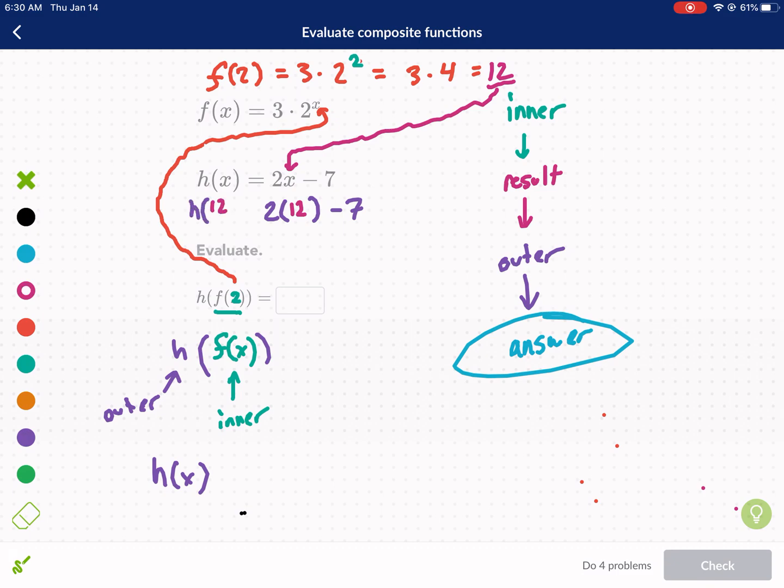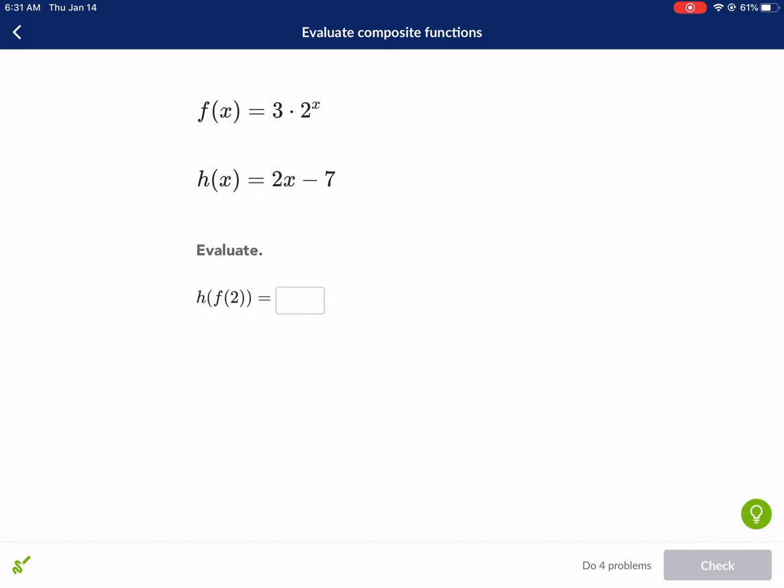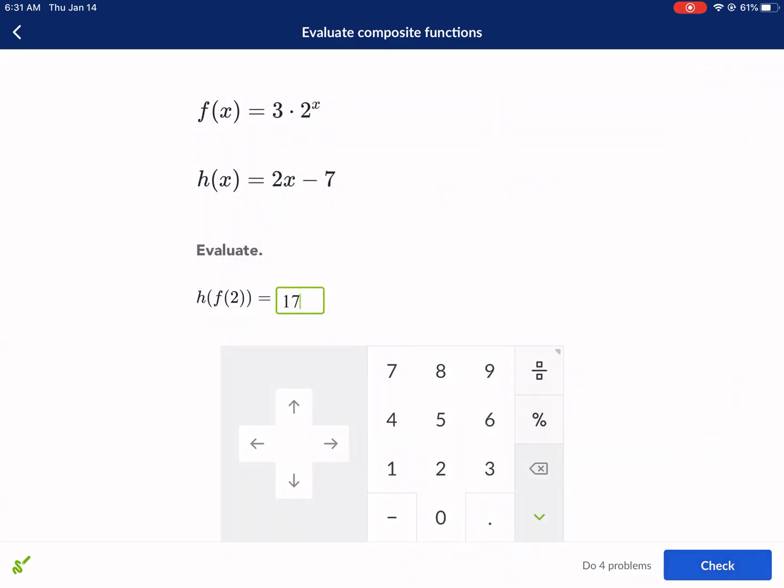That's what I'm testing now. That was my result from the inner function, and now I'm plugging it into the outer function. What do I get? 2 times 12 is 24, minus 7, and that is 17. So my final answer is going to be 17. Once it goes through all those processes, I get 17.